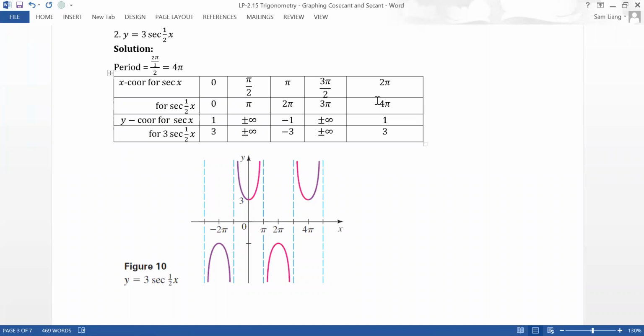Yes, question? Yes, I have a question. Would it be considered wrong if instead of putting plus and minus infinity, you put what it is for cosecant? You remember how you said we're going only by the right side? Yeah, it wouldn't be wrong. You could be consistent with it. For example, for this graph at pi, we see that the graph approaches positive infinity, so technically this would be positive.